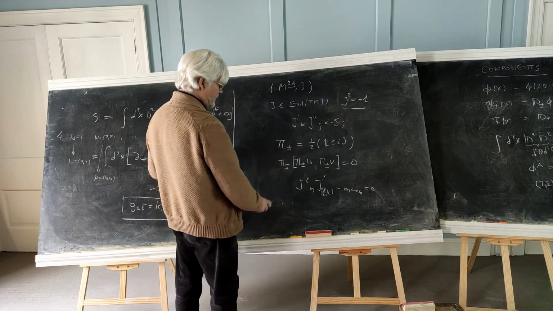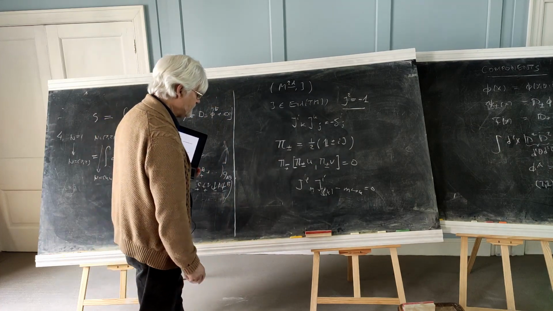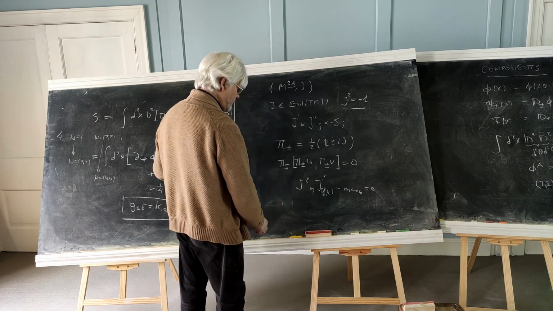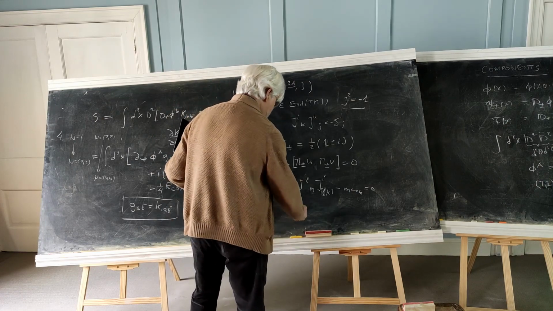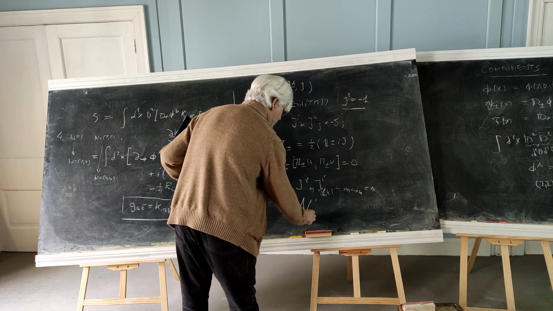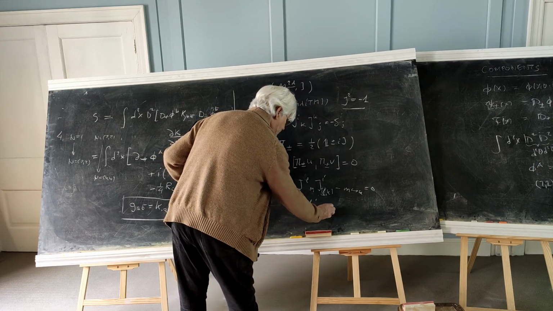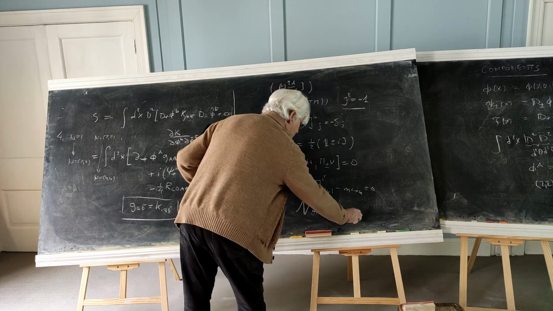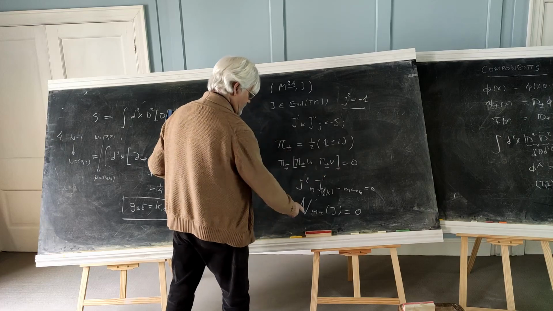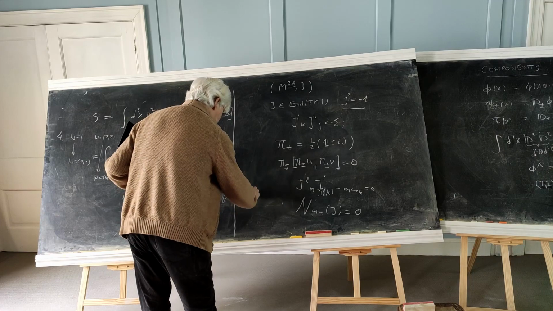This is a condition you get from working out this thing, and you actually get it two times. If you think of this as a three-index tensor, it is the Nijenhuis tensor. So the condition that this holds is the condition that this one vanishes, the Nijenhuis tensor.